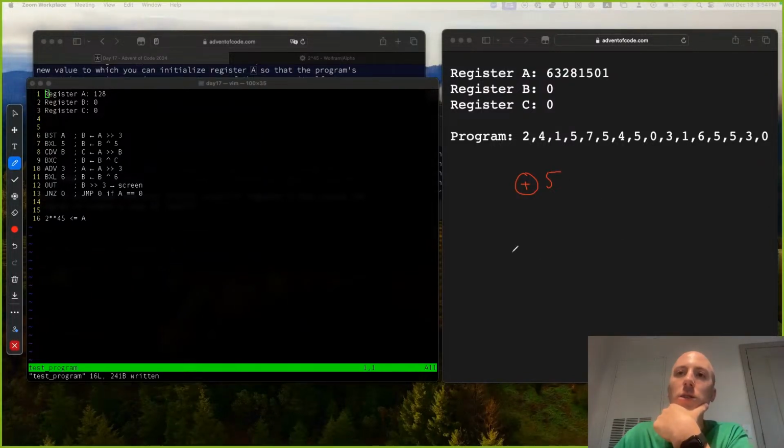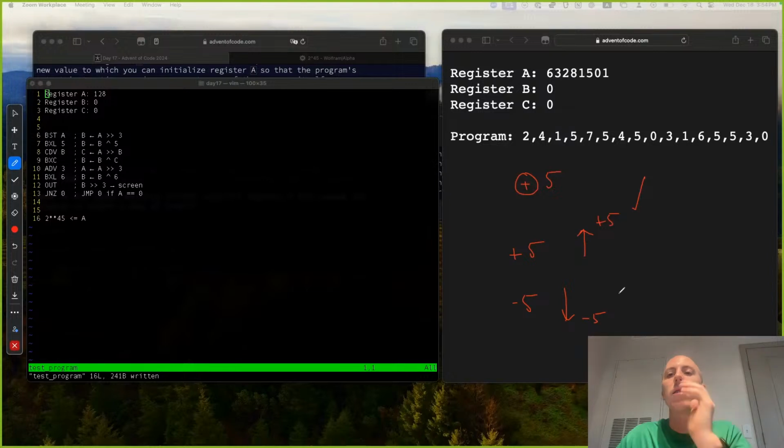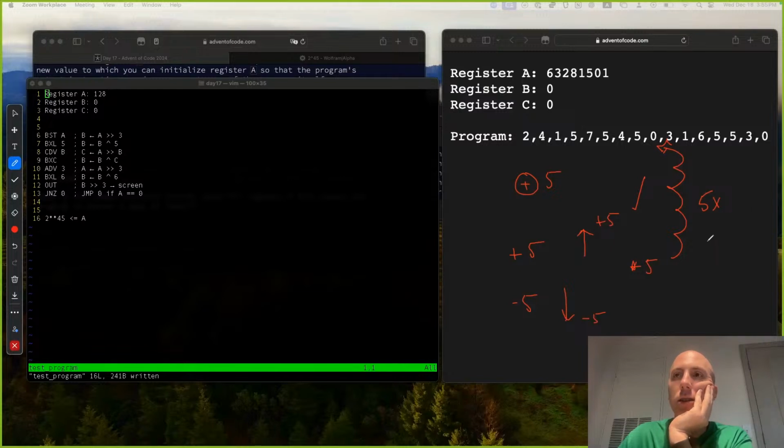I have intuition when you add something by 5, it just goes up by 5. I know what happens when you subtract something by 5, it just goes down by 5. I know what happens when you multiply something by 5. It goes up by a factor of 5x. It becomes 5x bigger. And I know what happens when you divide something by 5.